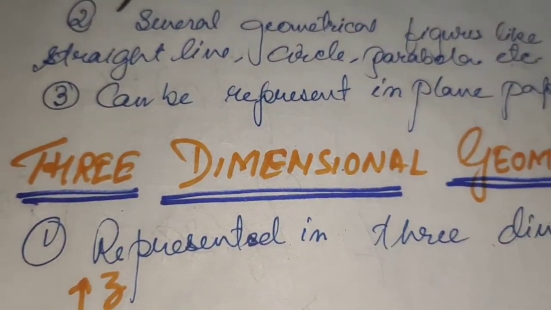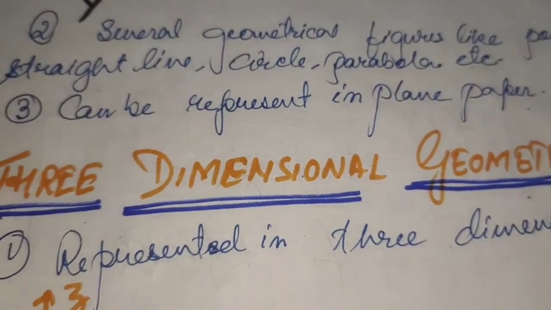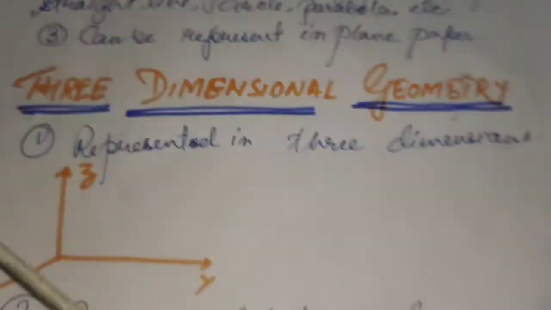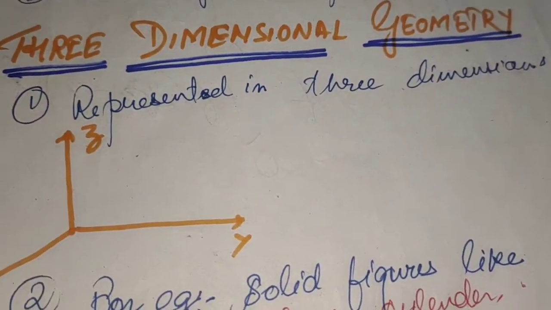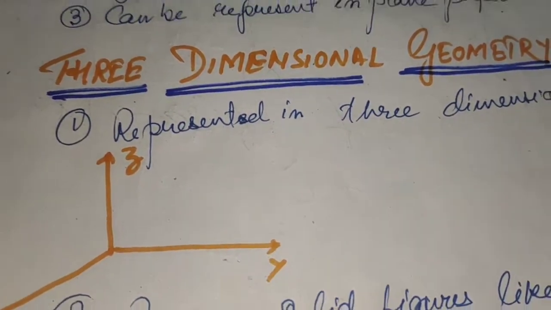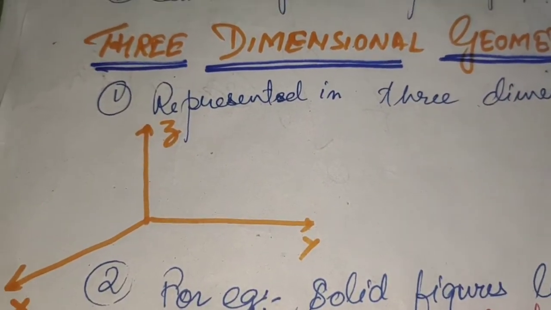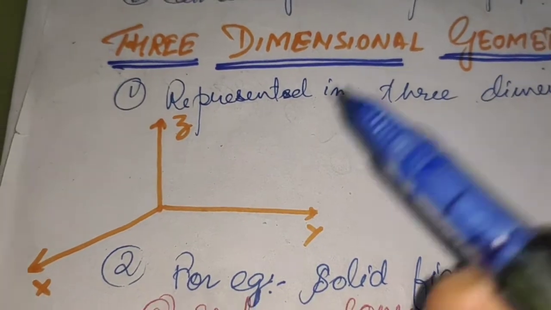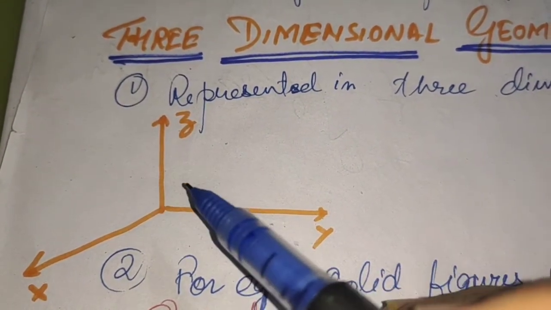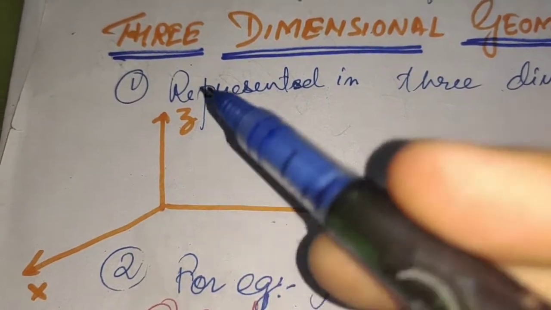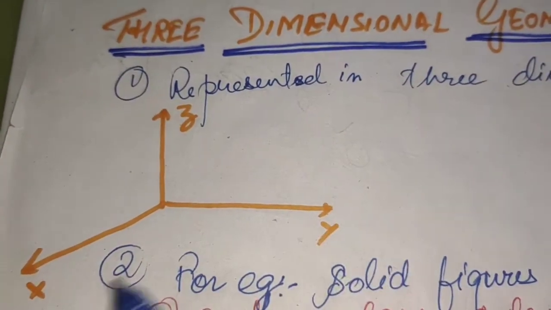Now, what is 3-dimensional geometry? 3-dimensional geometry is a kind of geometry which deals with the coordinate geometry properties, and there are 3 axes and each axis is perpendicular to each other. Axis z, axis y and axis x.